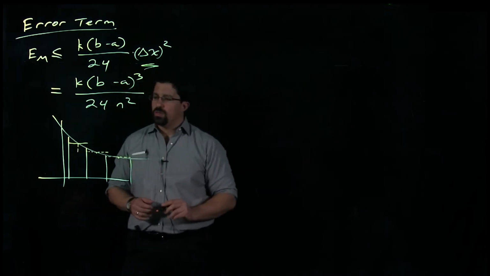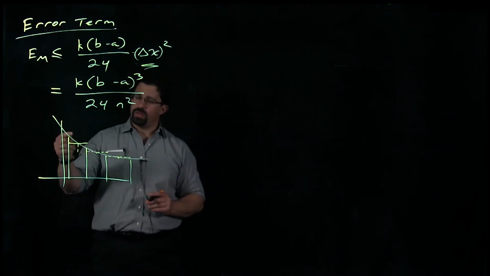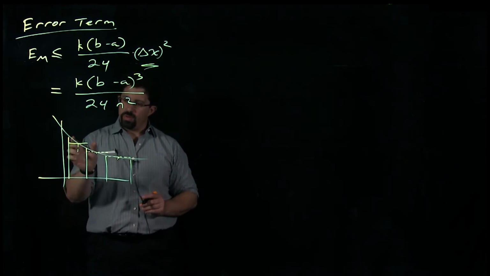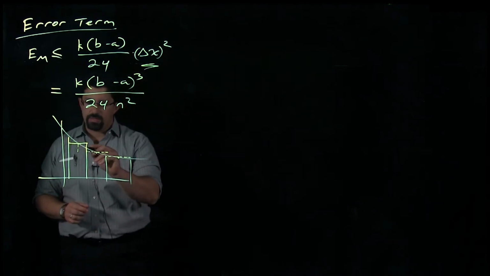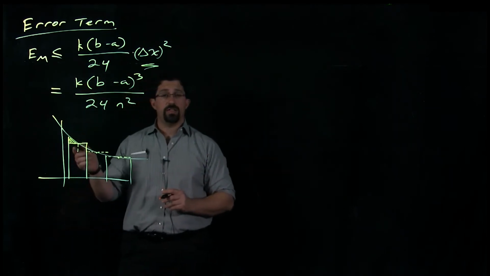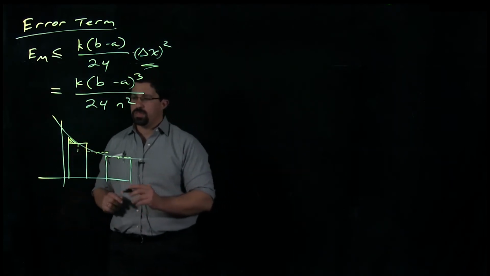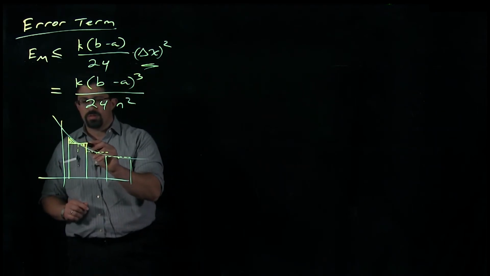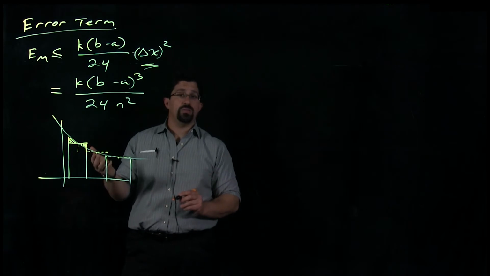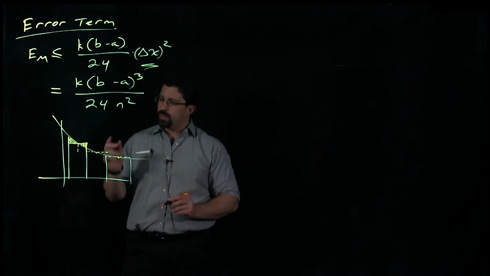If you take the midpoint, so the midpoint is here, you've got that, you've got this, and you've got this. Notice what happens when we take the midpoint: there is a small segment that is under the graph that we are missing, and there is another small segment that is above the graph that we count even though we shouldn't.